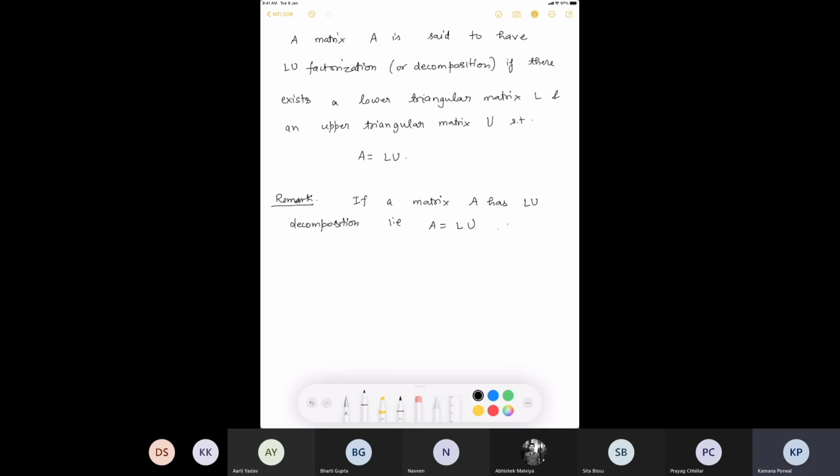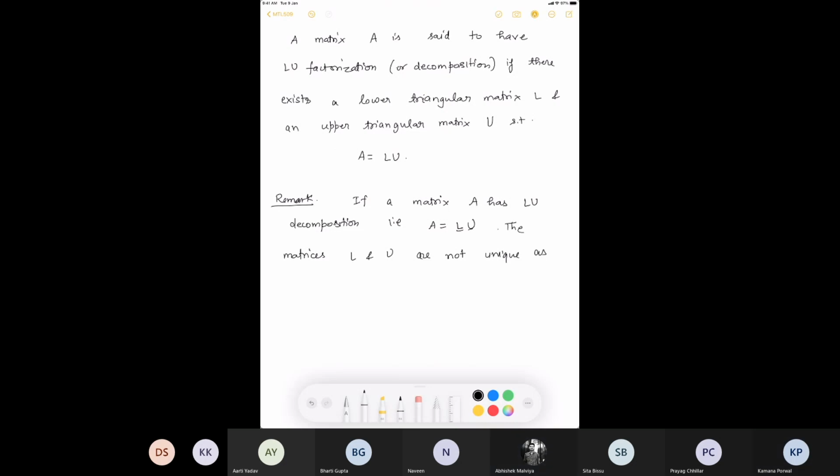Why are they not unique? Can you give me any quick argument? Suppose we have L and U. My claim is that this is not unique. We can find another lower triangular matrix and another upper triangular matrix, so that again I will be able to write A as the product of those two matrices.